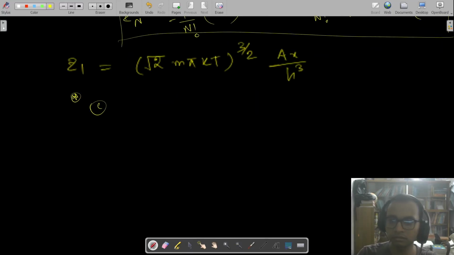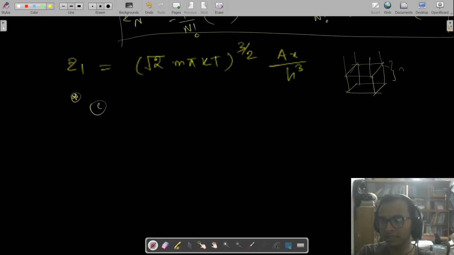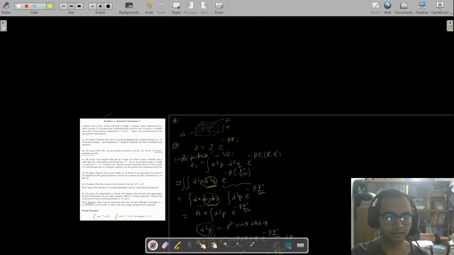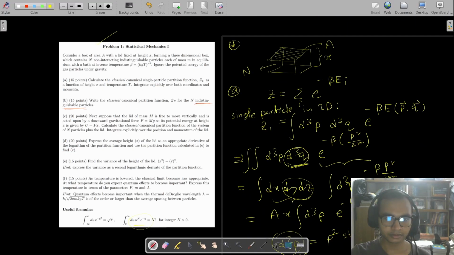So now the lid, which was initially at height x, is able to move up and down, and we are told to find the partition function for it.